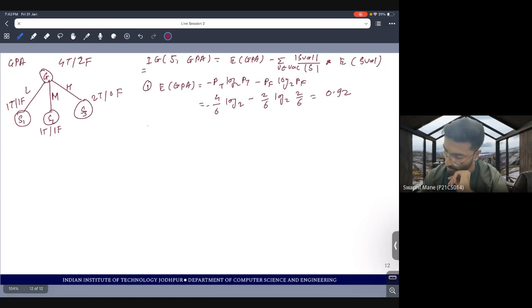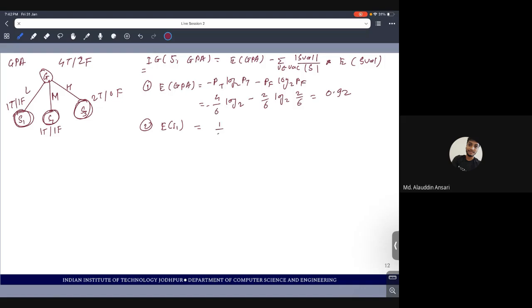Then for each split we have to calculate its entropy. So for the entropy of S1, we are calculating the entropy. Regarding the first part, we are dependent on the target variable.